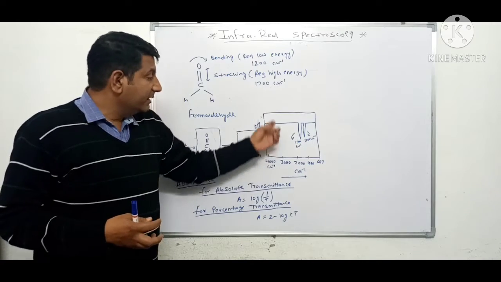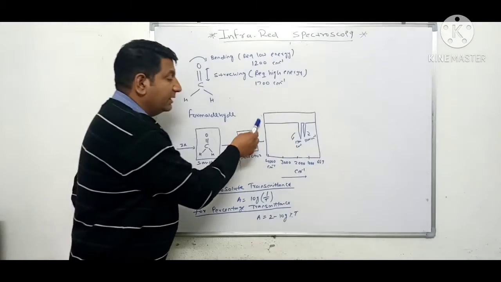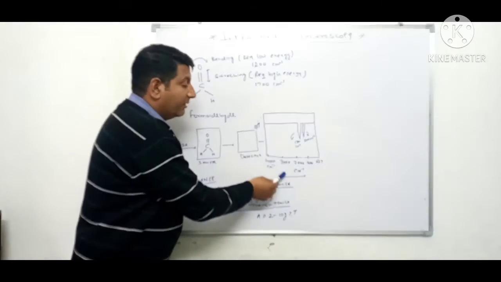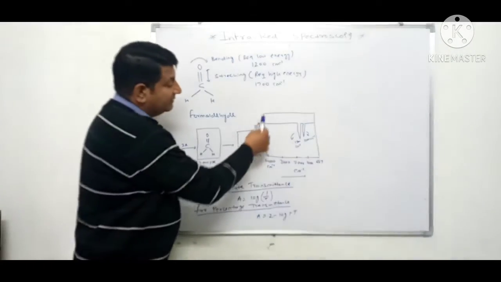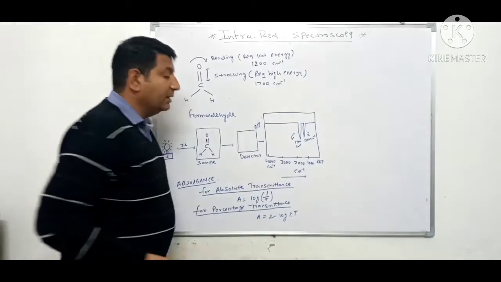Then it produces a graph between the percentage of light transmitted versus wave number. In this axis we have taken percentage light transmitted, and in this we have taken the wave number.